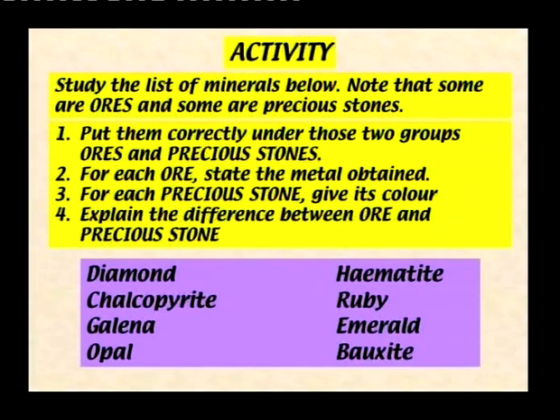But for you to be able to do that, first things first, you decide which of those are examples of ores, which of those are examples of precious stones. Then you look at the column that contains the ores, and I'd like you to state the metal which is actually obtained from those minerals that you have actually put under the heading ores. That's number 2.